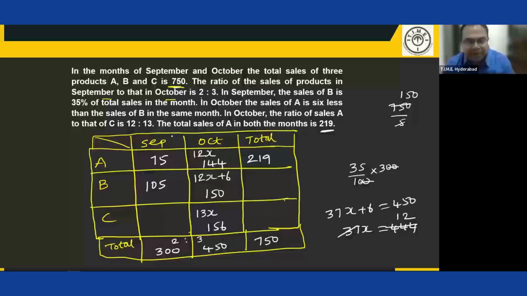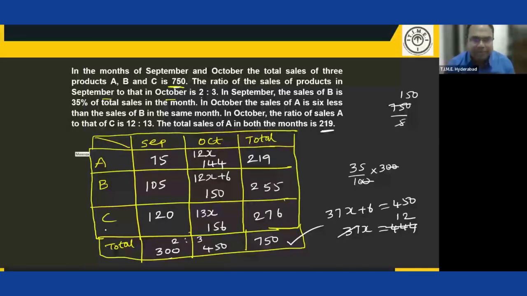September total is 300, minus 180 is 120. Adding, this is 255 and this is 276. Row wise total and column wise total should be 750. Once I get this, I can straight away solve the questions.